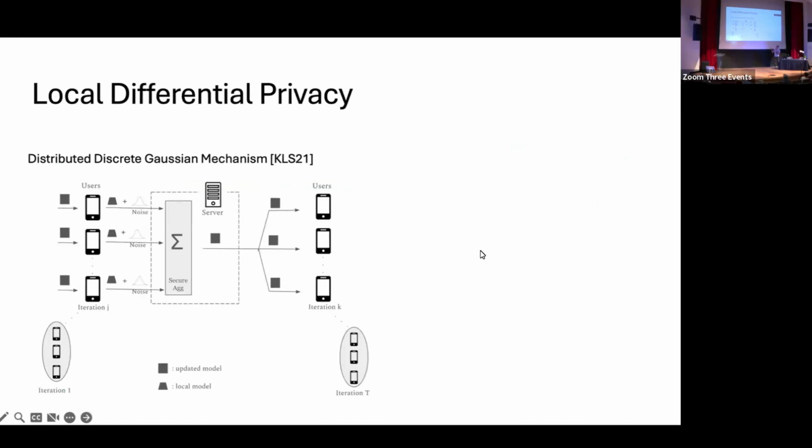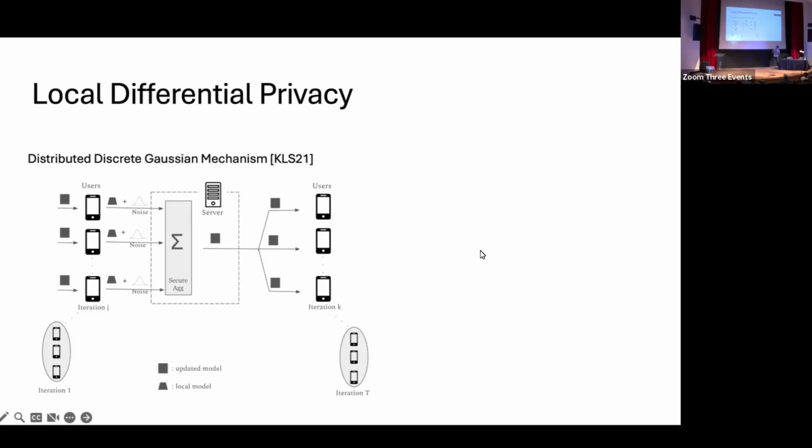Then there's also this other world of local DP, which we've talked about before in this session. For the FL setting in particular, there have been many works on this, but one recent work that put together all of the pieces of this setting was called the distributed discrete Gaussian mechanism from a few years ago.